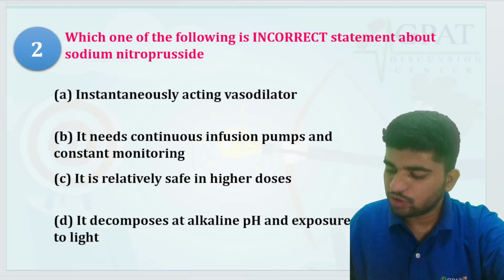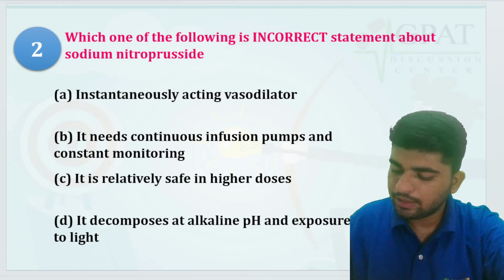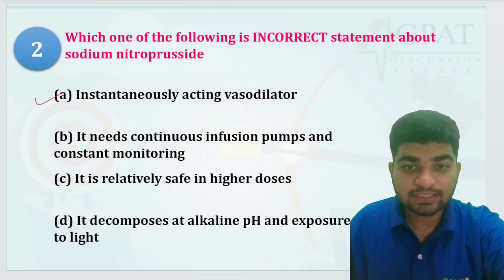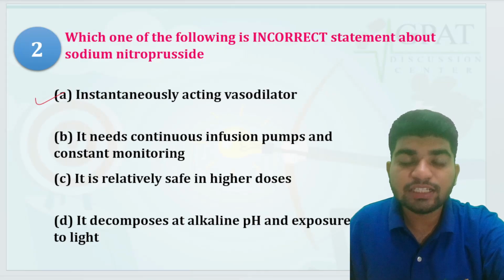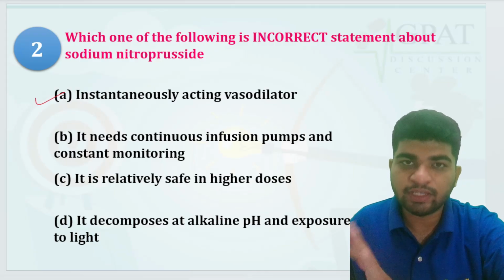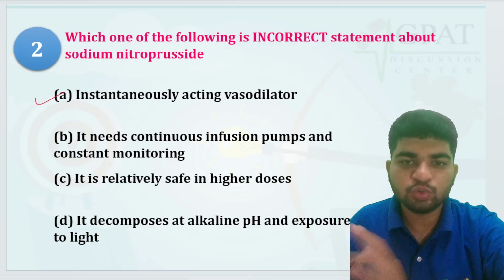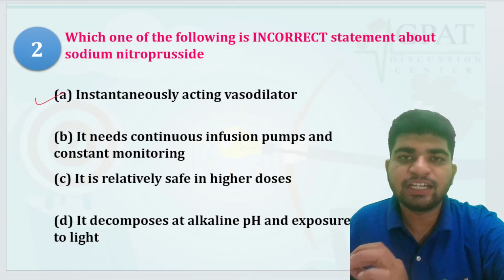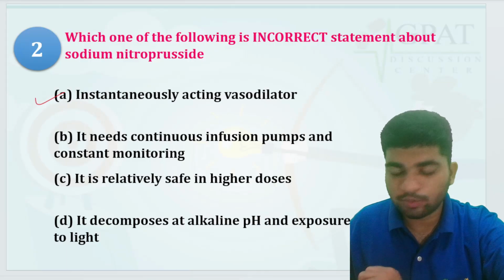The first option says instantaneously acting vasodilator. Yes, the statement is correct, because sodium nitroprusside is always given through IV. Whenever you give a drug through IV, it will act instantaneously. So this one is a correct option.